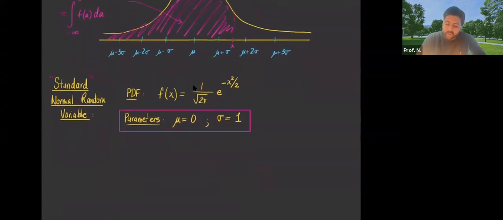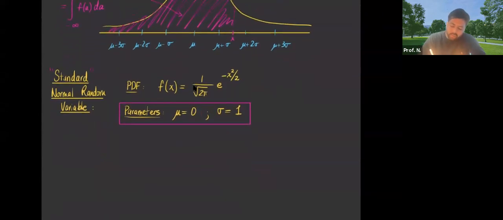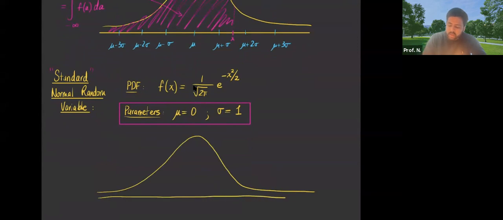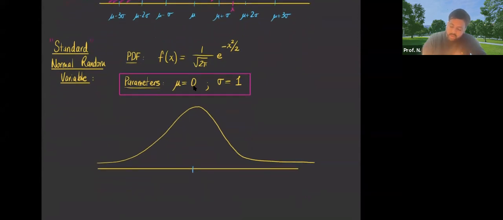standard deviation is 1. So the graph of this PDF is exactly the same. It's the same bell curve. It's just that the x-axis here is standardized. Instead of calling it some mu, it becomes 0. The standard deviation is 1, so everything differs by 1.